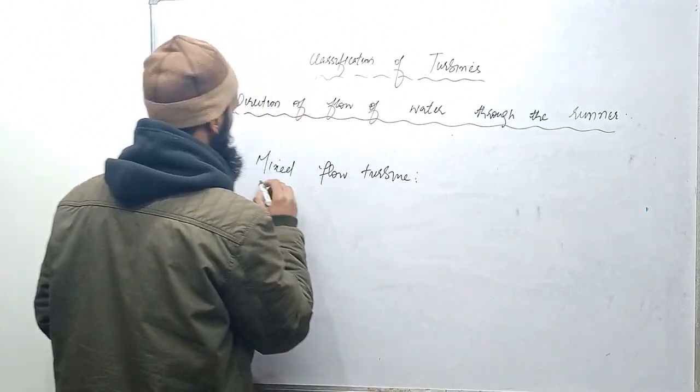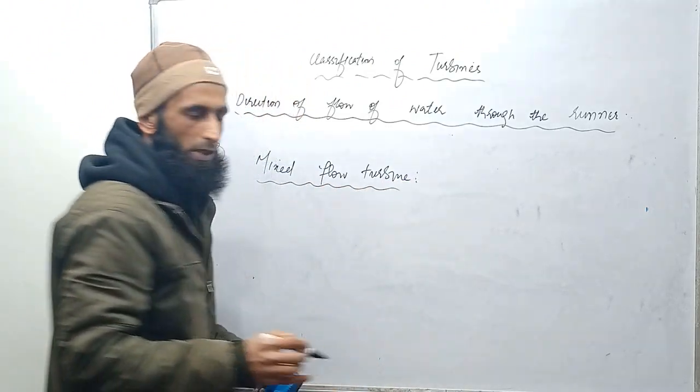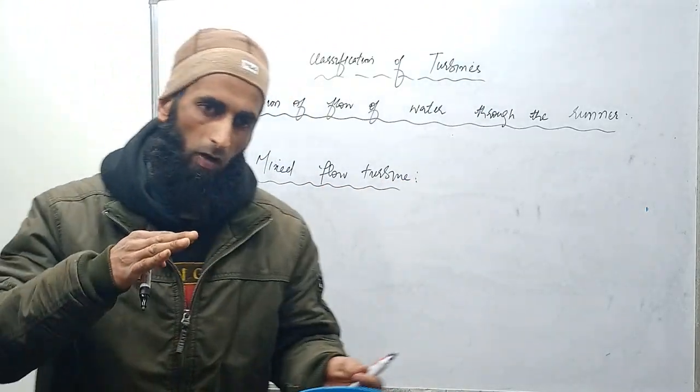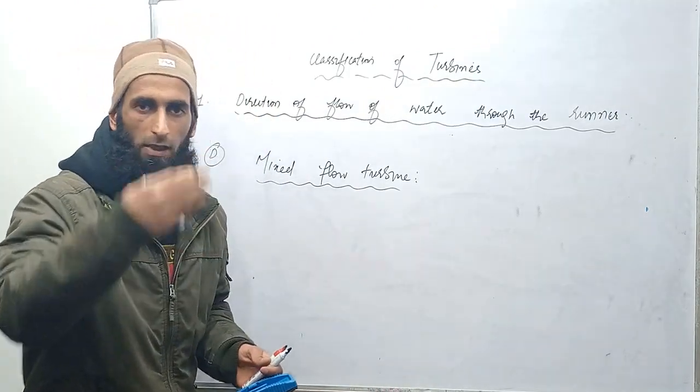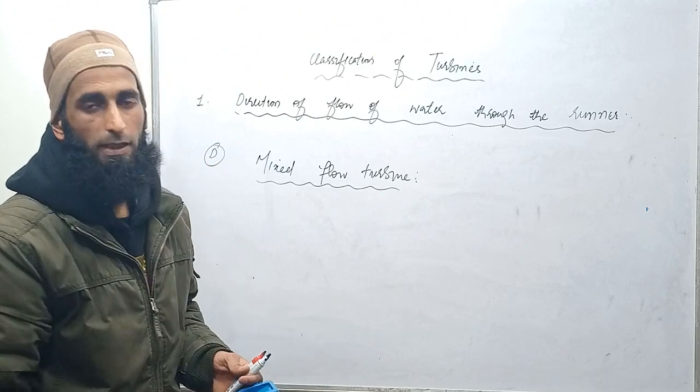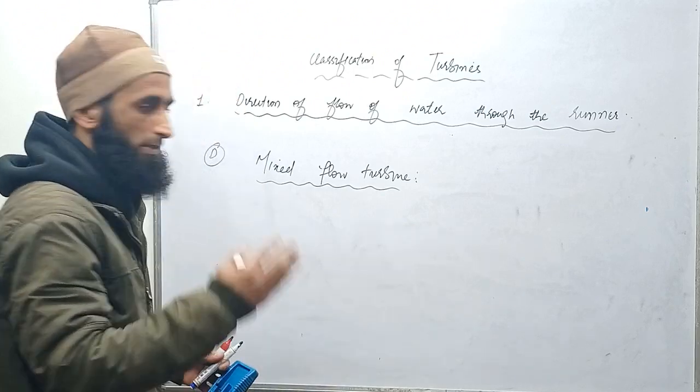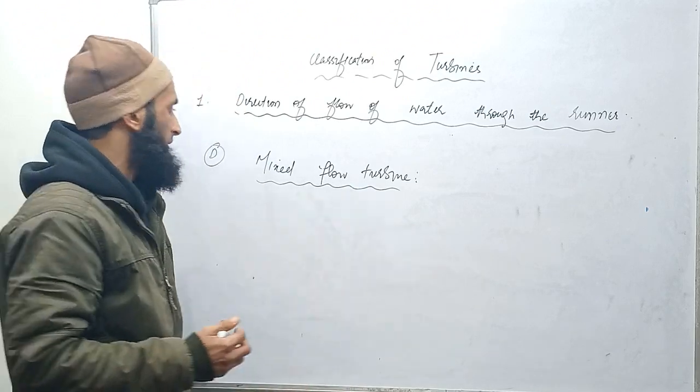So in the case of a mixed flow turbine, water flows through the runner in the radial direction, and water leaves the runner in the direction parallel to the axis of the runner. So that is known as a mixed flow turbine.